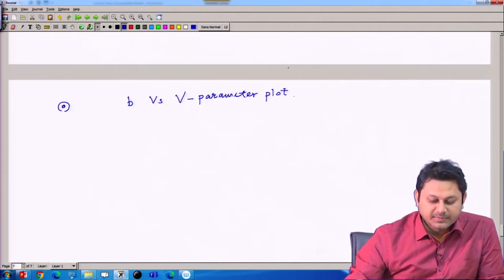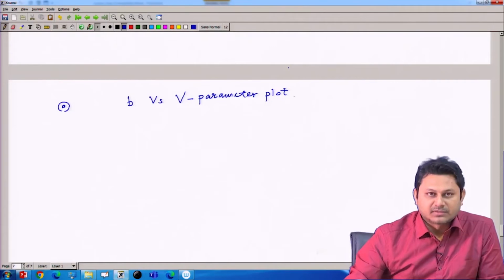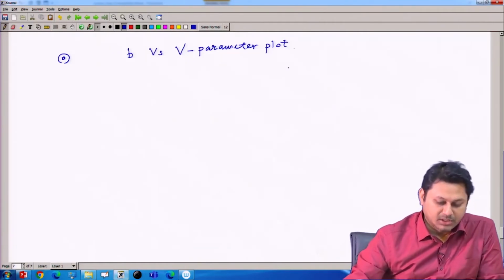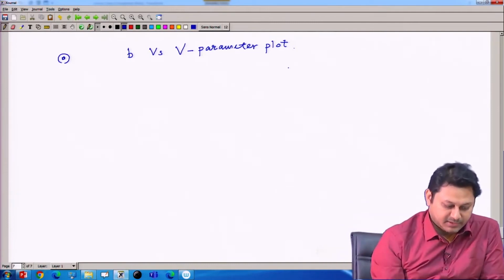That basically gives me a lot of information, that is why this plot is important. So, how do you plot that, let us check.